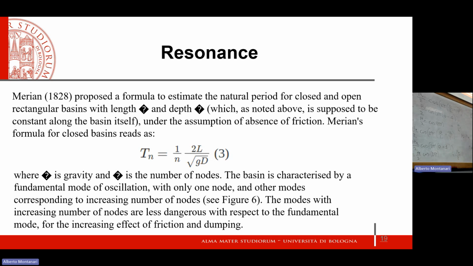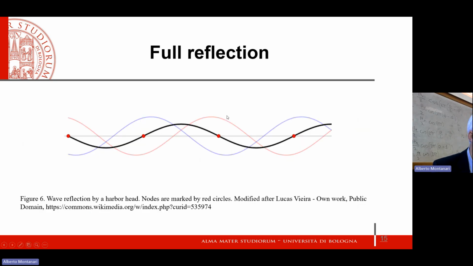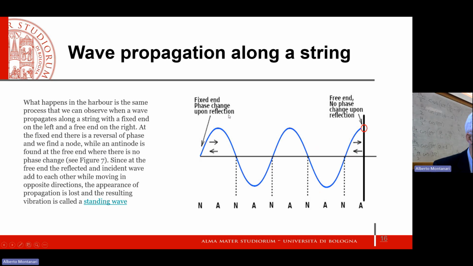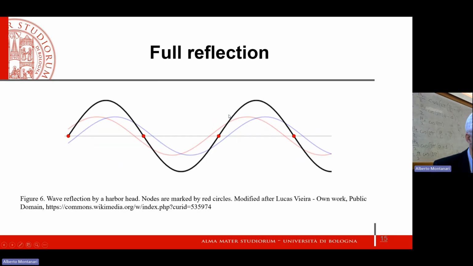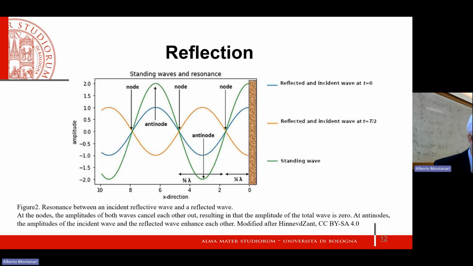What is lowercase n? It's the number of nodes. Remember, you are in a closed basin. So if you have just one node, look here, the presence of one node is splitting, one second, this is the situation in a closed basin.